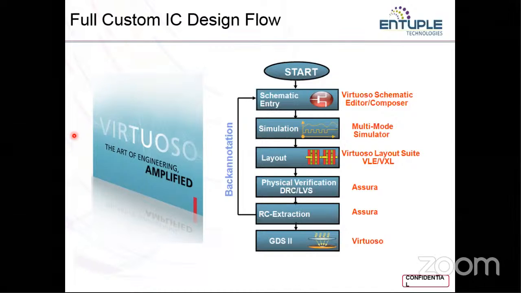When you talk about simulation, you have two steps. You first check whether the circuit responds for the input given, and then you move on to whether the response is functionally correct or not. For that, Cadence provides a tool called Spectre, which is a multi-mode simulator.